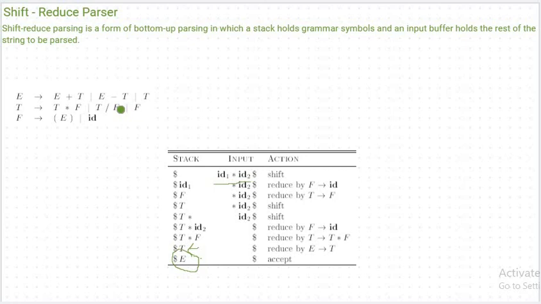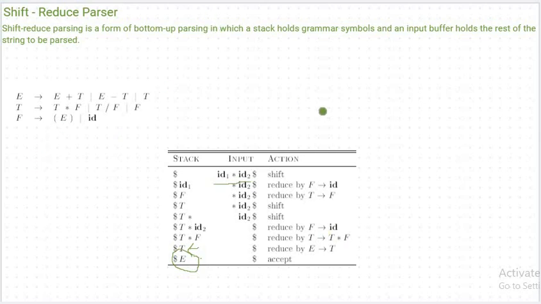If you end up with the starting non-terminal in your stack and all the input symbols processed, it means that the given input string is a valid one. In this case you are ending up with a valid one, right? It means that ID star ID is a valid one.